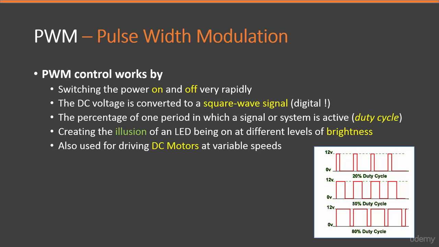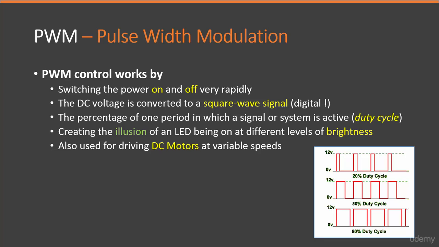The brightness we perceive is actually determined by the amount of time the digital output pin is on versus the amount of time it is off. This is also called duty cycle. Because our eyes can't see flickers faster than 50 cycles per second, the LED appears to have a constant brightness.